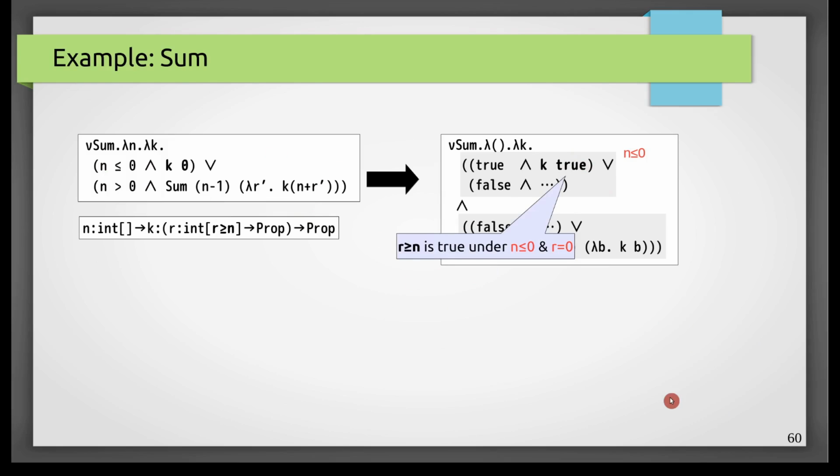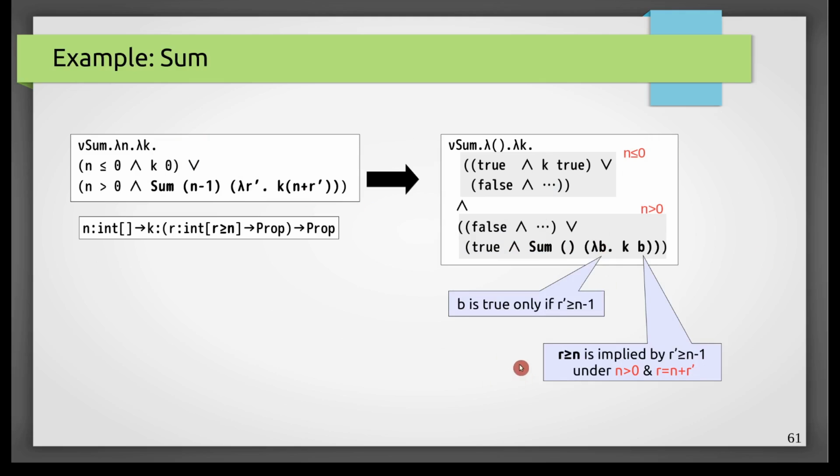For the former case, this true is derived from the fact that r no less than n is true under n no greater than 0 and r is equal to 0. In the latter case, this p is related to r prime no less than n minus 1 since it corresponds to the recursive call for n minus 1.